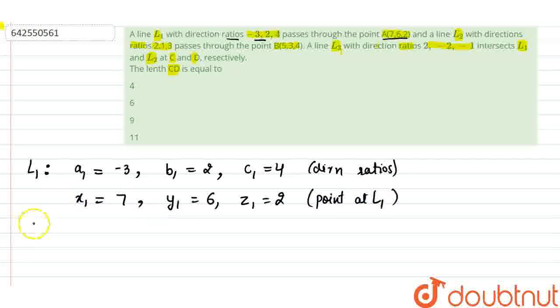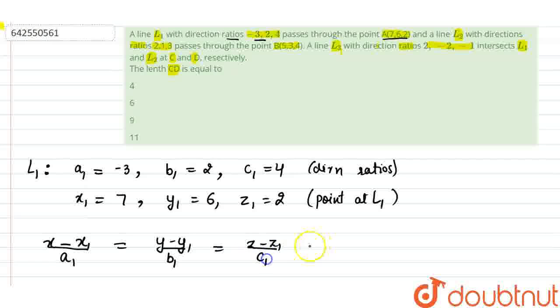Now we know the equation of a line in Cartesian form is given as (x minus x1) divided by its direction ratio a1 equals (y minus y1) divided by b1 equals (z minus z1) divided by c1, which is equal to some constant, let's say lambda 1.